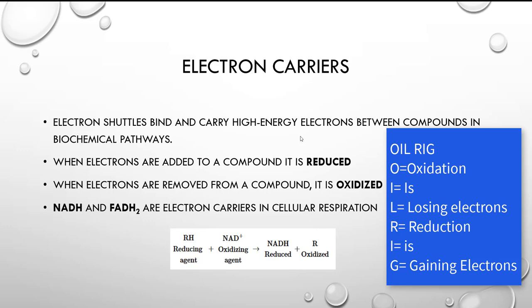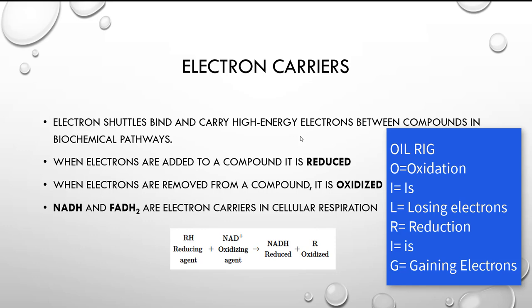And then RIG: reduction or reduced is gaining electrons. So OIL RIG is an easy way to remember which is which. When a compound is reduced, it has gained the electron, so it's the RIG part. When a compound has lost its electron, it's the OIL part, so it's oxidized.